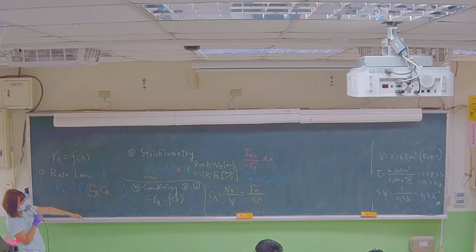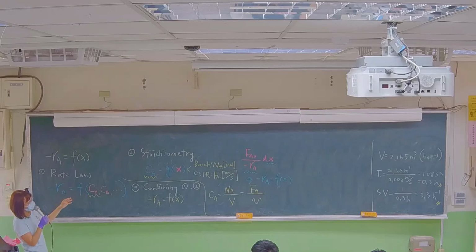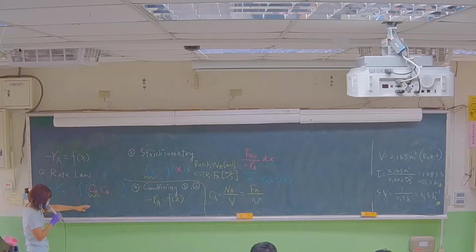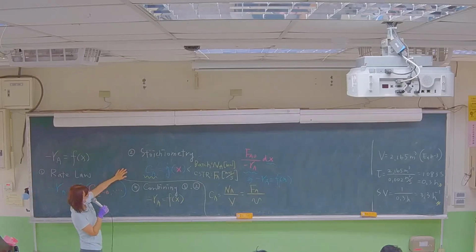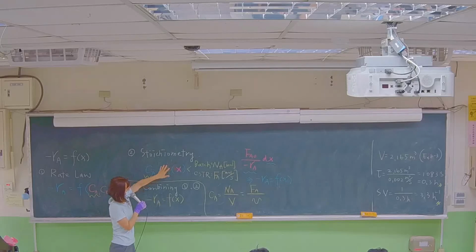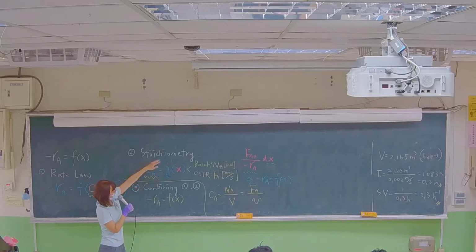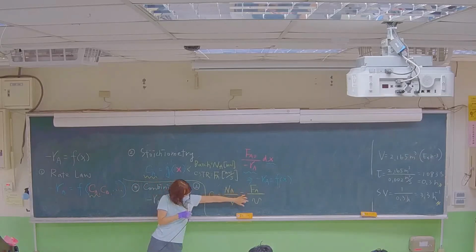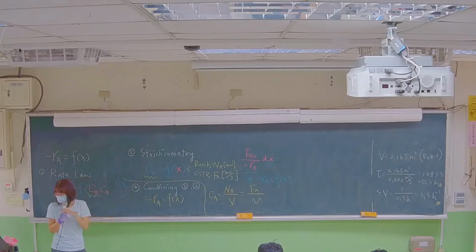So concentration is equal to moles over volume, or molar flow rate over volumetric flow rate. Remember, right? So for this one, you don't have to directly write down concentration as a function of conversion. You don't have to directly find this one. You can try to find these four related to X.